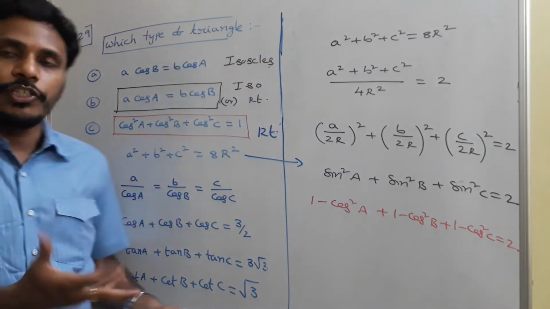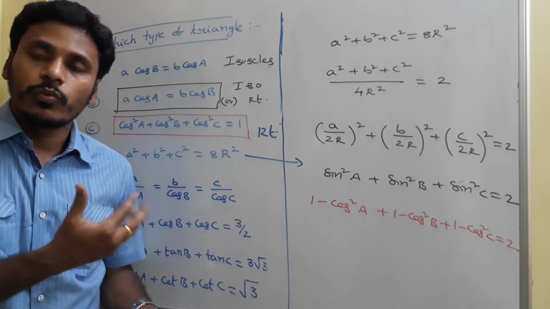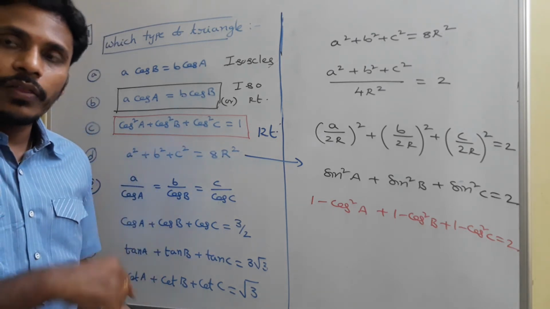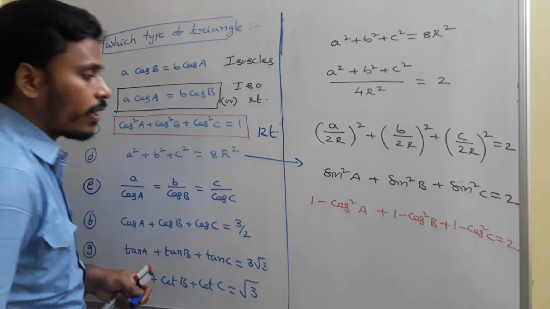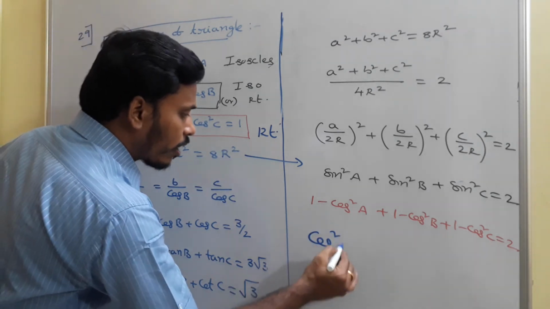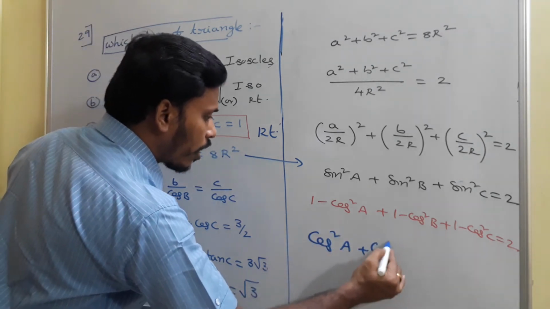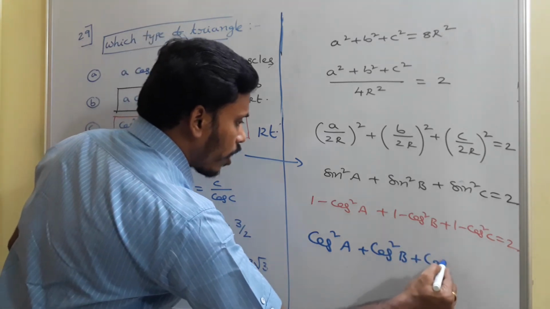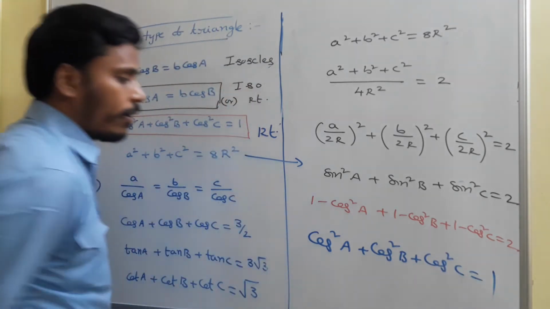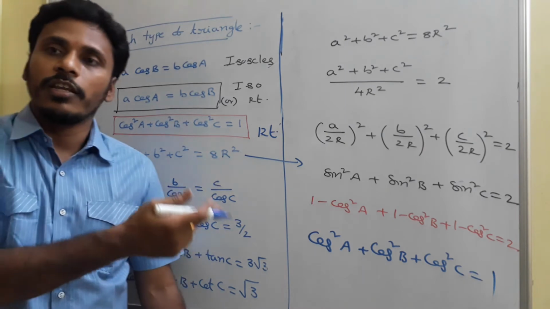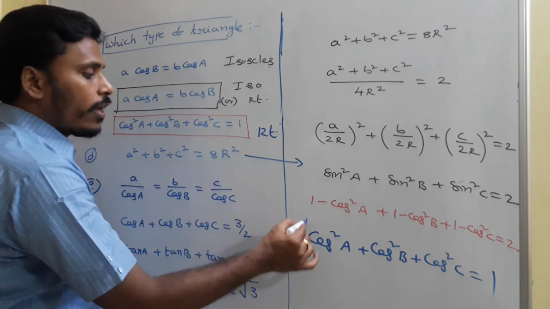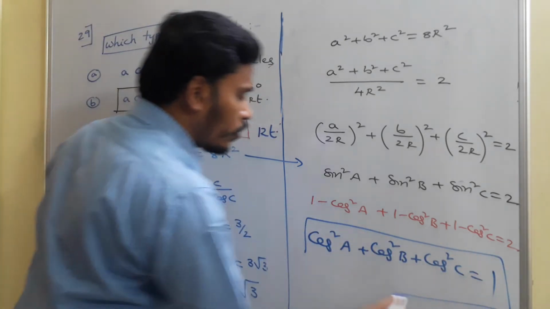Again you rearrange it. On one side collect cos square a, cos square b, cos square c. On the other side the numbers, and you will get cos square a plus cos square b plus cos square c equals 1, because 1 plus 1 plus 1 is 3, minus 2 is 1.